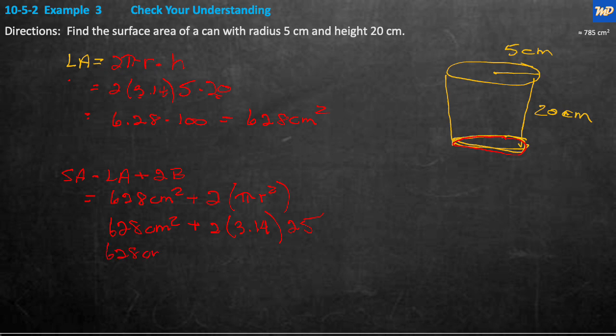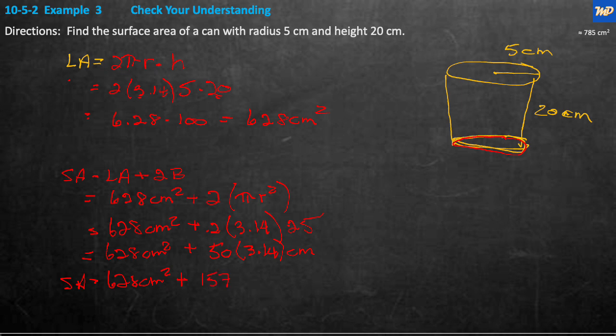So 628 centimeters squared plus 2 times 25 is 50 times 3.14, and SA equals 628 cm squared plus, when you multiply this out, it's 157.